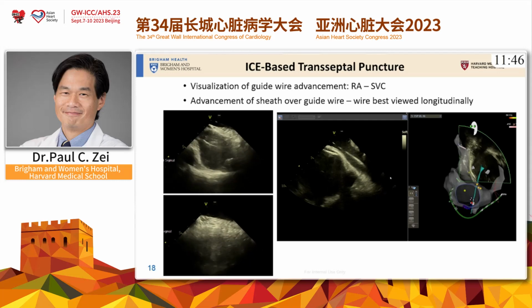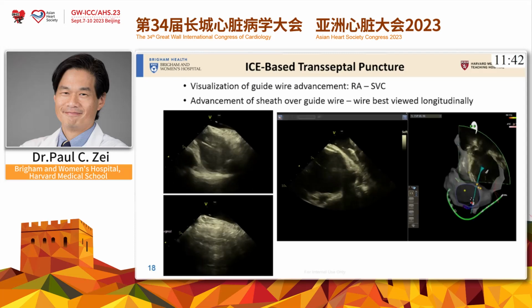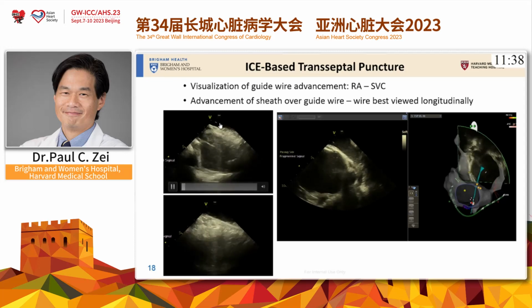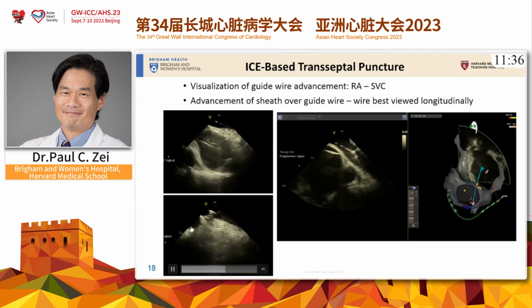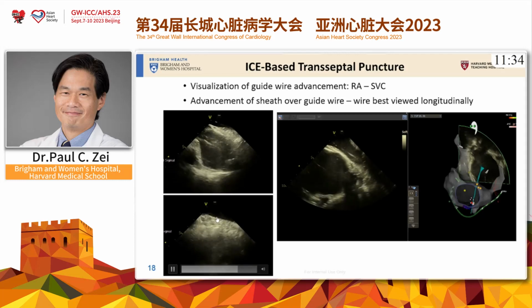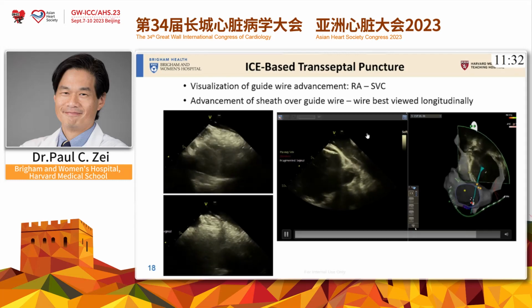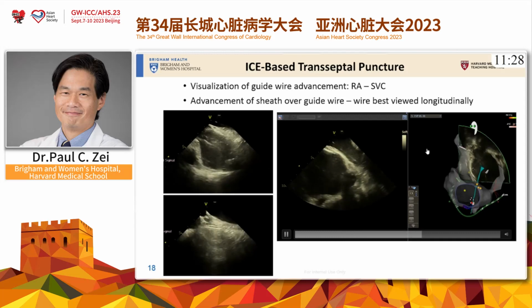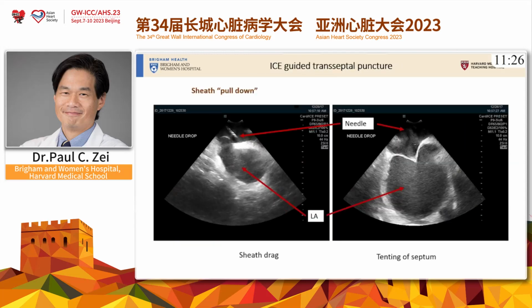This is just a quick view of how we do it, where you can manipulate the ICE to visualize, as shown in both the left and the right, the SVC, so you can advance a wire. Then, as shown on the bottom left, a sheath over the wire, where we can see exactly where it's going. This sometimes can be augmented using imaging like CARTOSOUND, for instance.